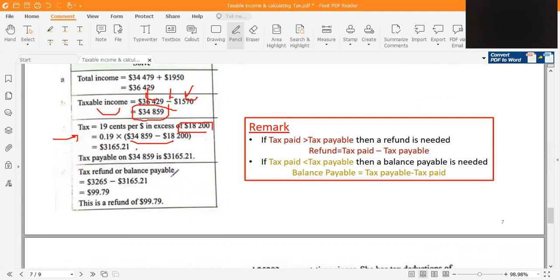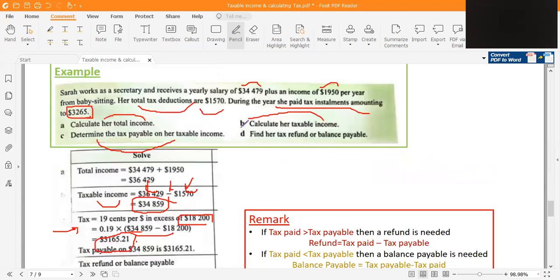The tax payable that we have is 3,165 and 21 cents.